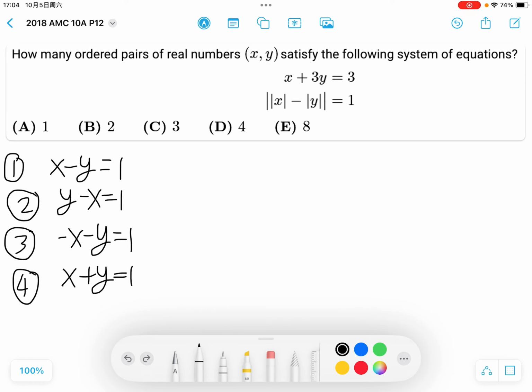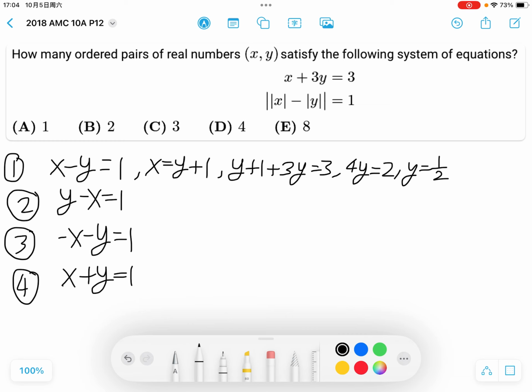Let's start. Firstly, case 1, x minus y equals 1. This tells us that x equals y plus 1. If we plug this into the other equation, we know that y plus 1 plus 3y equals 3. So 4y equals 2, or y equals 1/2.